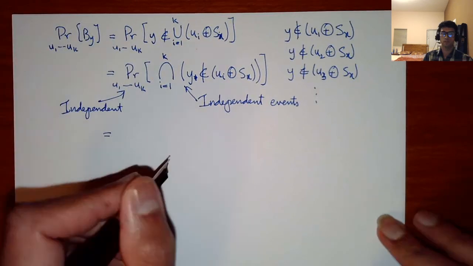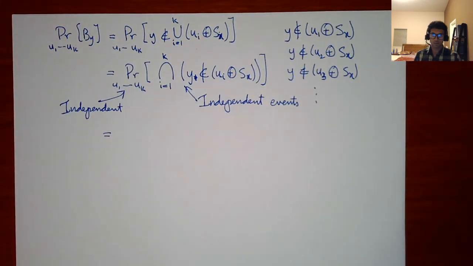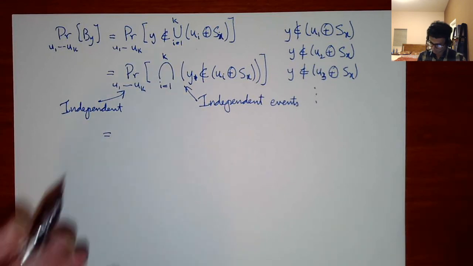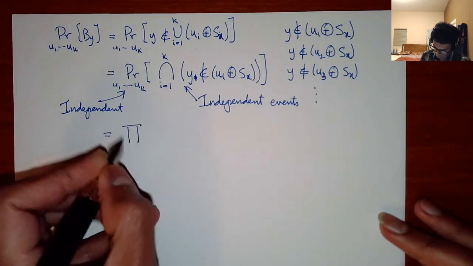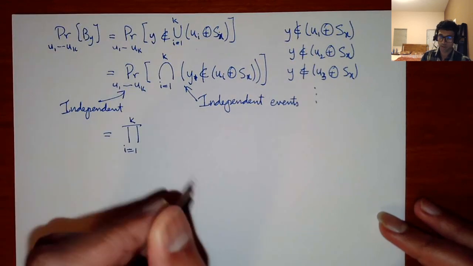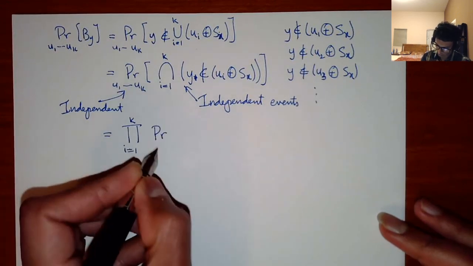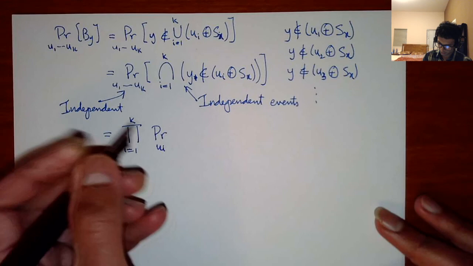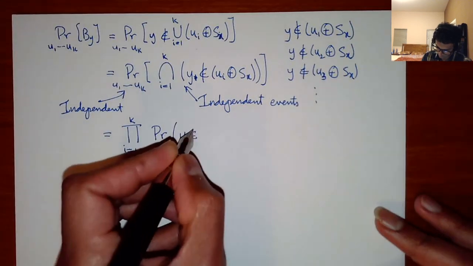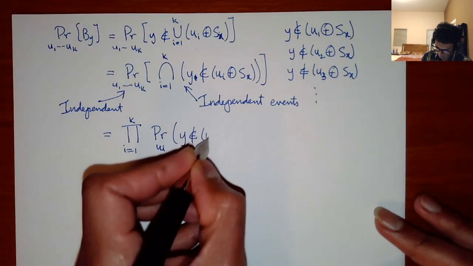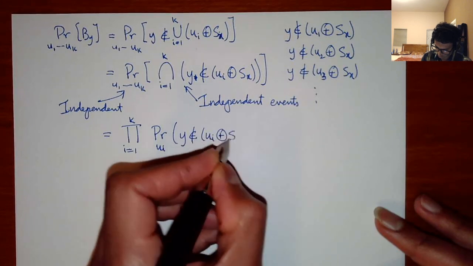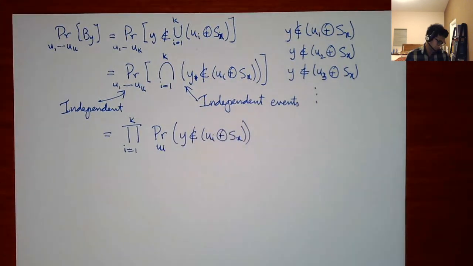Therefore, the probability of the intersection of independent events ends up being the product of probabilities. So now we get the product, for i going from 1 to k, of the probability over the choice of ui that y is not in ui XORed with S of x.